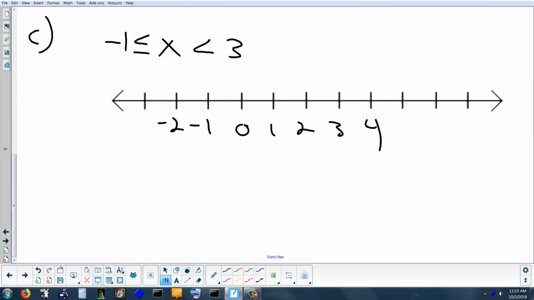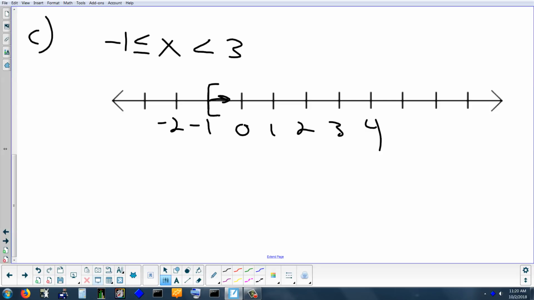That's fine. Let's start with -1. Madison, what kind of symbol do I put on -1? Bracket, a bracket opening to the right. So I'm going to put a bracket, and I'm going to indicate that I'm going to be shading to the right, but I'm not going to shade yet because it's not going to be shaded forever. It's only going to be shaded up to a certain point.